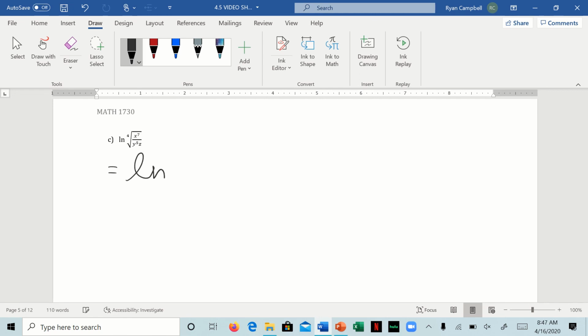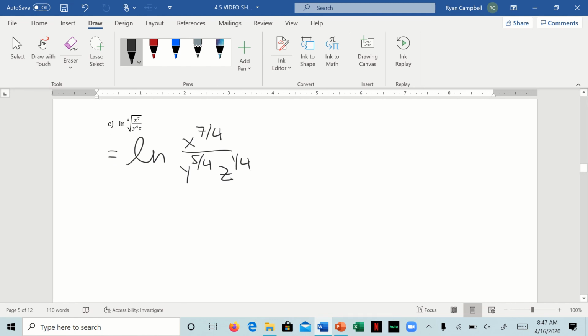So we could have ln of x raised to the 7/4 power, because remember, fourth root is the same as 1/4, over y to the 5/4 and z to the 1/4. This is how I do it. Again, if you want to do a different way, that's totally okay. I can show you a different way, but I feel like this probably has less ways of messing up. So distributing that root.